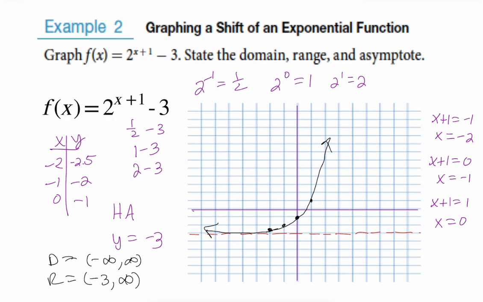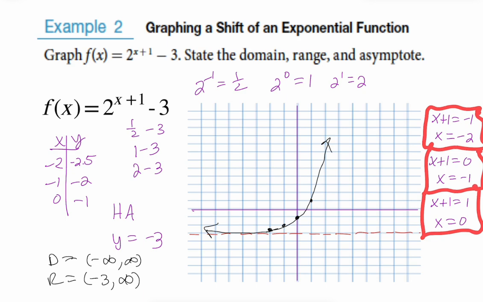Can you explain one more time? Yeah, so anytime we have a transformation of our x, so if the x has changed, the normal good x's are -1, 0, and 1. So the best way to find what the new points will be to make things work nicely is to set that exponent equal to -1, solve for x, then set it equal to 0, and then set it equal to 1.